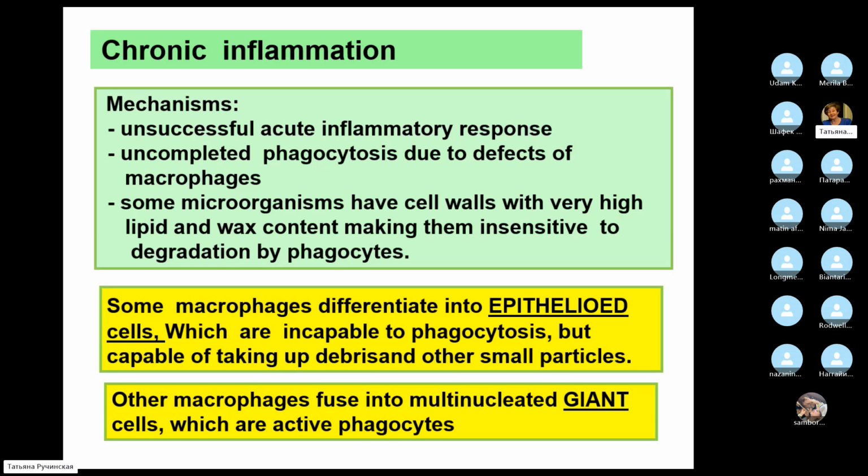If there is influence of the same infectious agent several times, or there may be uncompleted phagocytosis, or what I told you about, some microorganism which is not damaged inside the phagosome and stays inside of it, then proliferates inside and further damages the phagocyte.